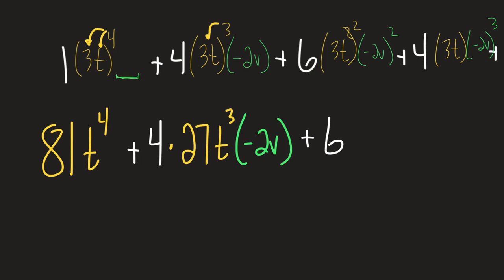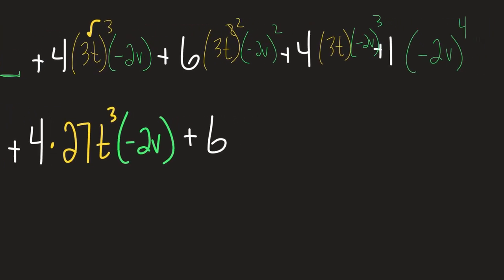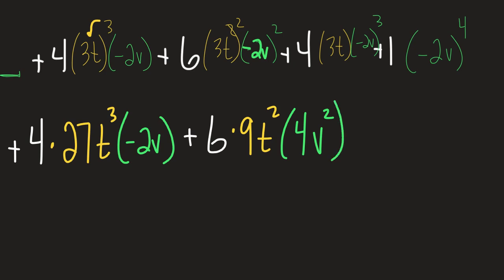Let's see, 6 is our next term. And then 3t squared is times 9t to the second. And what about -2v squared? So that's -2 times -2, which is +4 times v squared. Plus 4, our next coefficient, times 3t.